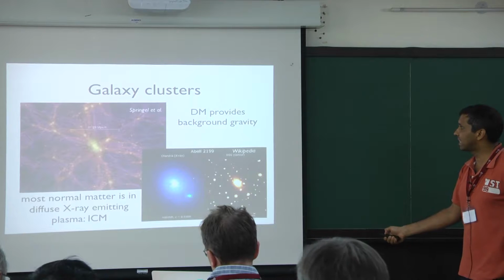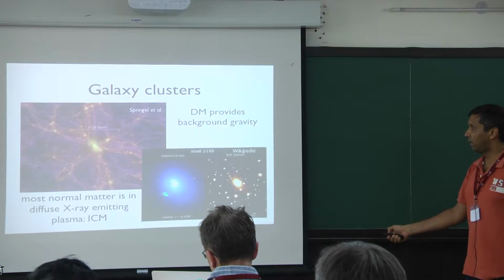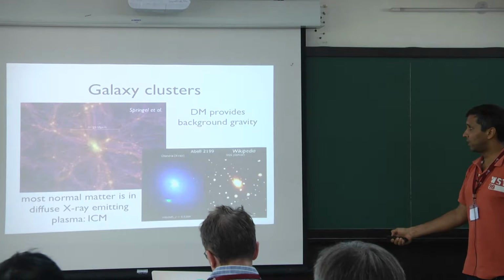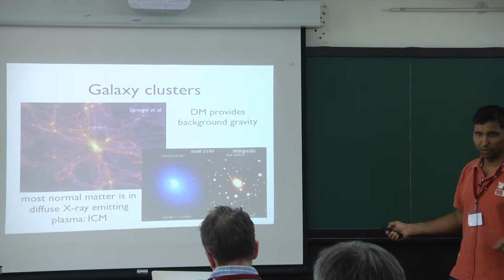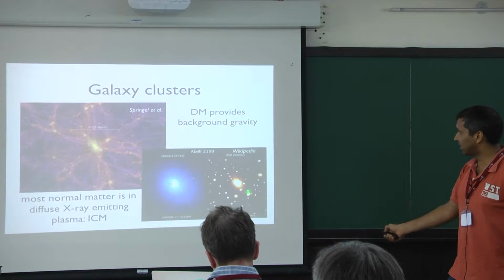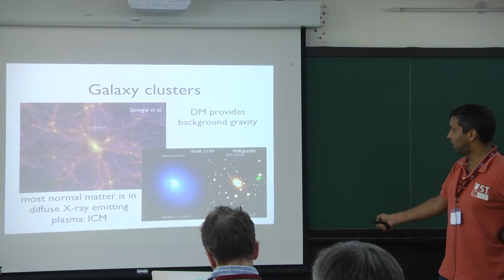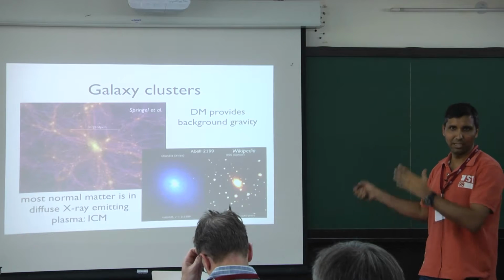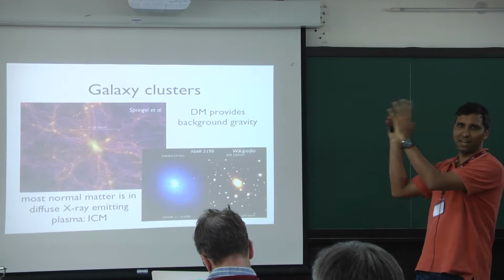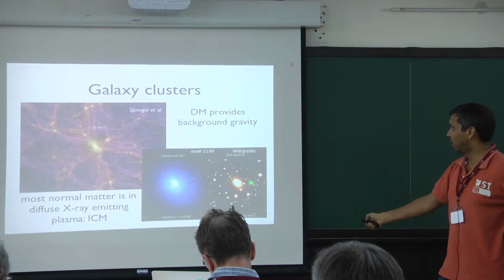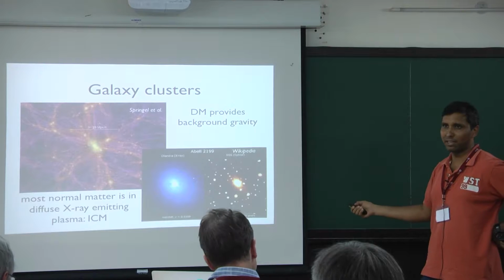This is an X-ray image of a galaxy cluster, and it shows diffuse X-ray emission, okay? And this is the same galaxy cluster looked at in optical, and it shows red and dead galaxies. An overabundance of galaxies in a particular region is how you identify a galaxy cluster.